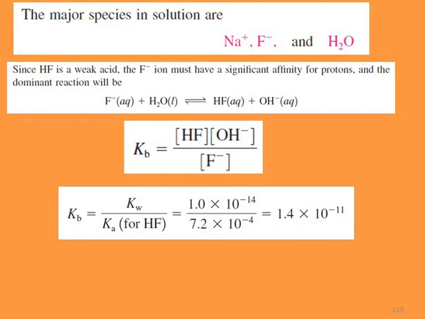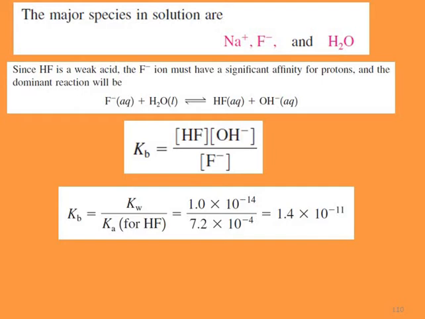Since HF is a weak acid, the fluoride ion must have a significant affinity for protons. The dominant reaction will be fluoride plus water giving us HF plus hydroxide ion. So Kb can be defined as the concentration of HF times the concentration of hydroxide divided by the concentration of fluoride.